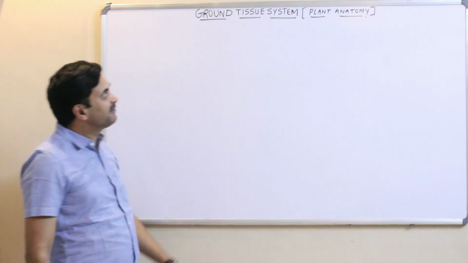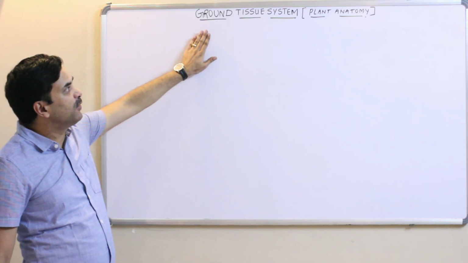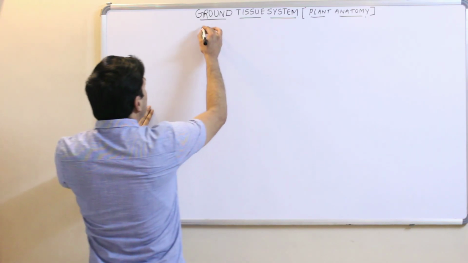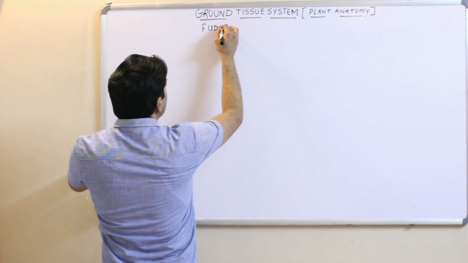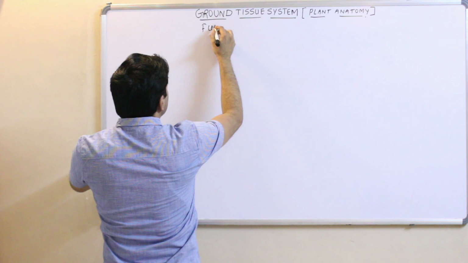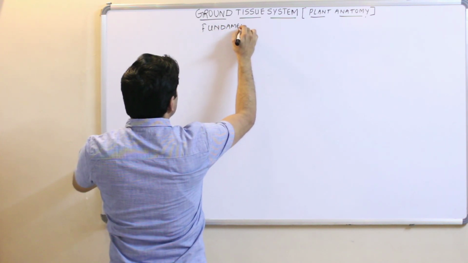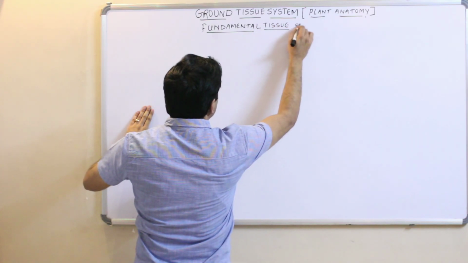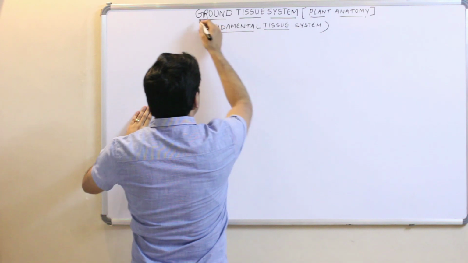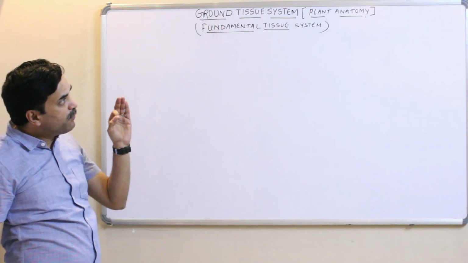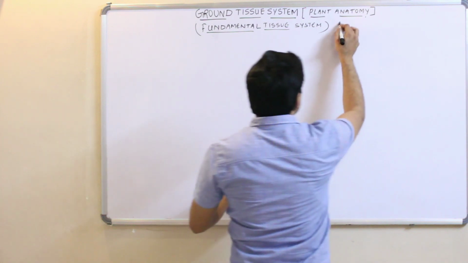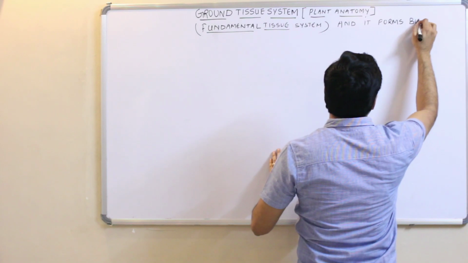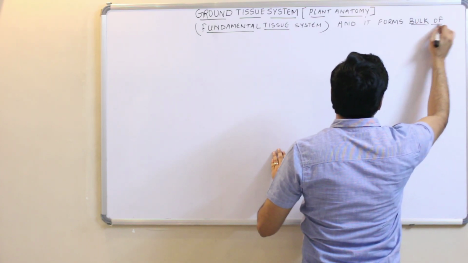Today we are going to start with a very important topic of plant anatomy, and that is known as the ground tissue system. This ground tissue system is basically the fundamental tissue system, and it forms the bulk of the plant body.